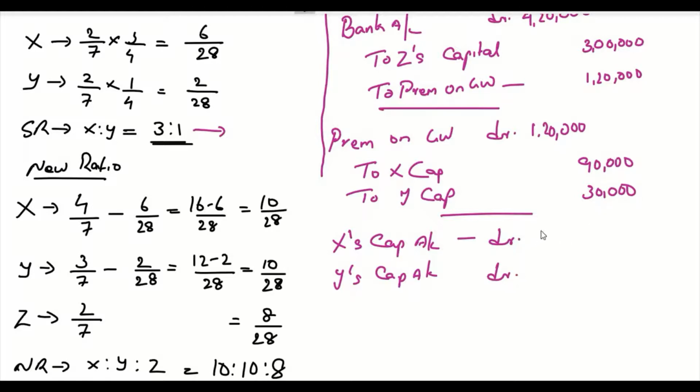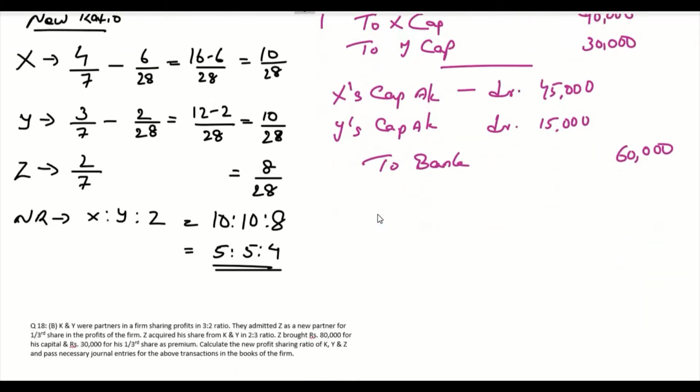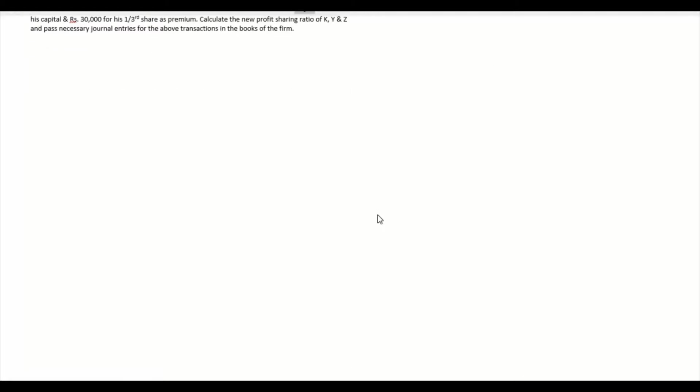Half of 90,000 is 45,000. Half of 30,000 is 15,000. And this is going to bank. 45,000 plus 15,000 is 60,000. So those are the 3 journal entries for 18A. Let's move on to question number 18B.